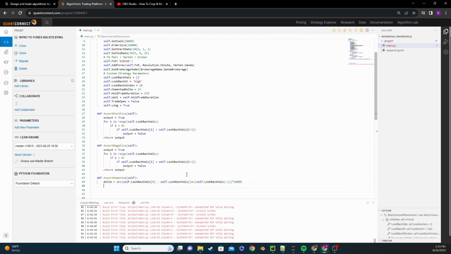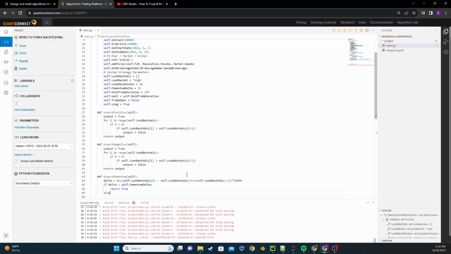Okay, so we're saying, okay, the delta is the difference between the first and the last one inside that list, and we're saying if the absolute value between those two times 15 is greater than the delta we set up there. So now we need our if statement here. Greater than, right? Then we're going to return true, else we're going to return false.